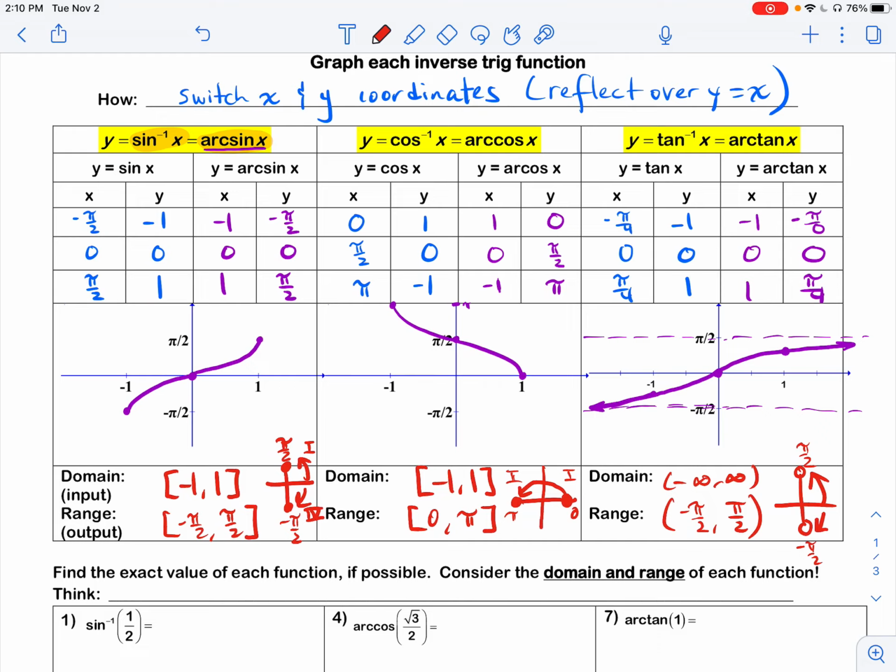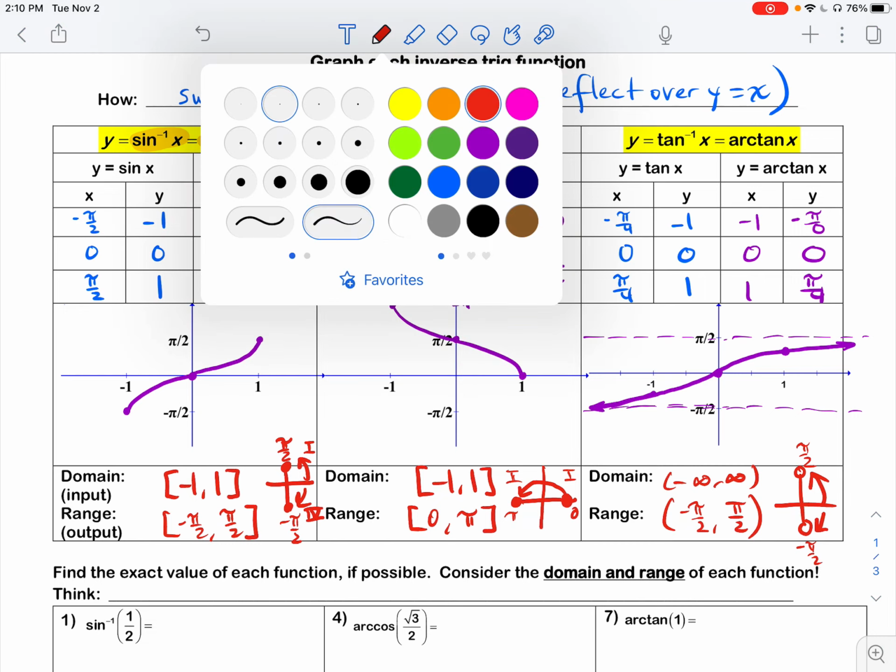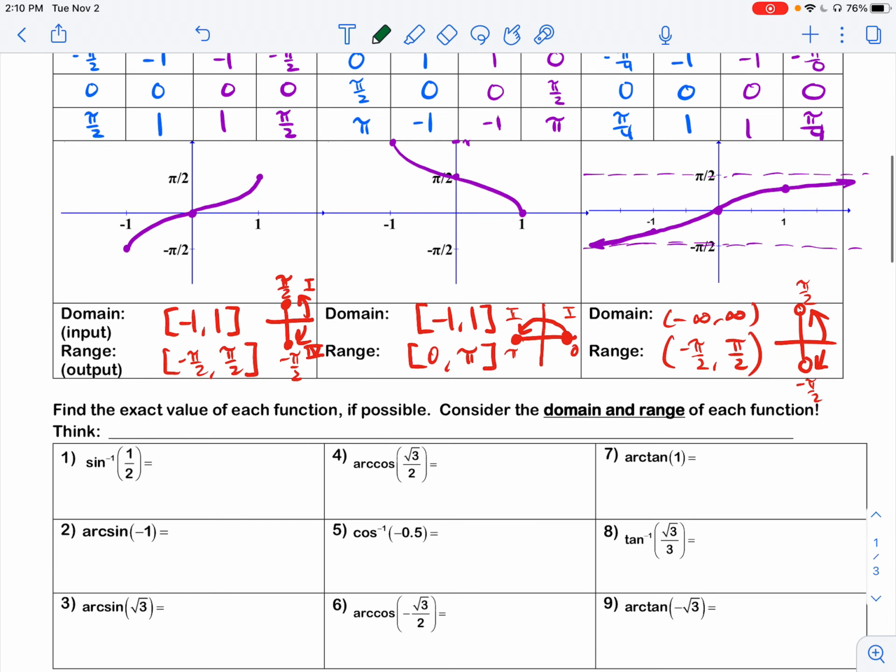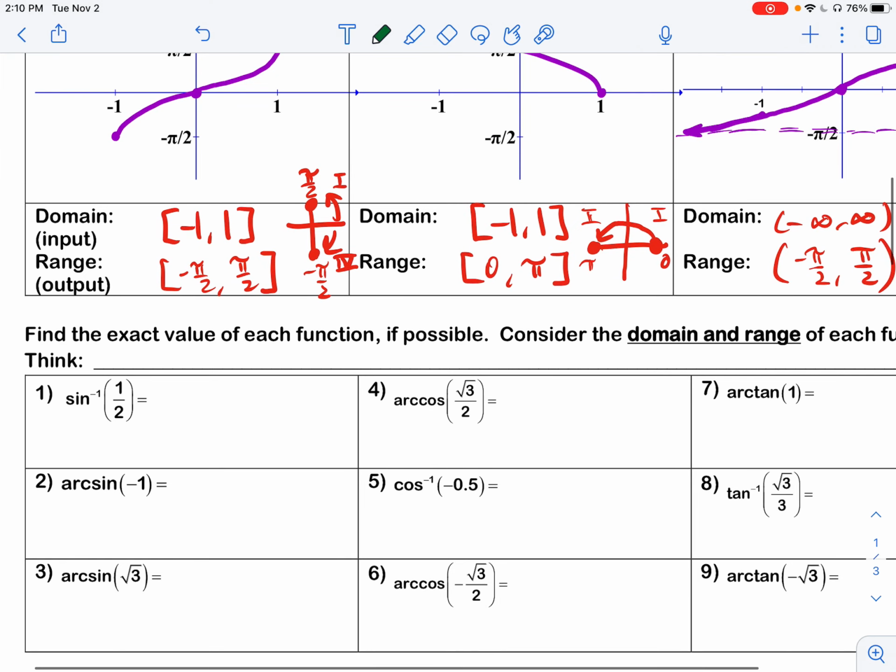So think about evaluating any inverse trig function. If I were to say, what is the arcsine of 1/2? What am I asking ourselves here? For something like number 1 here, what I want you to think about is the arcsine of 1/2.